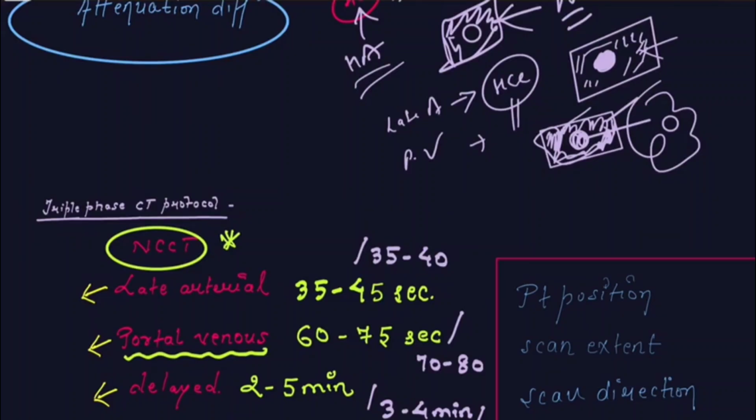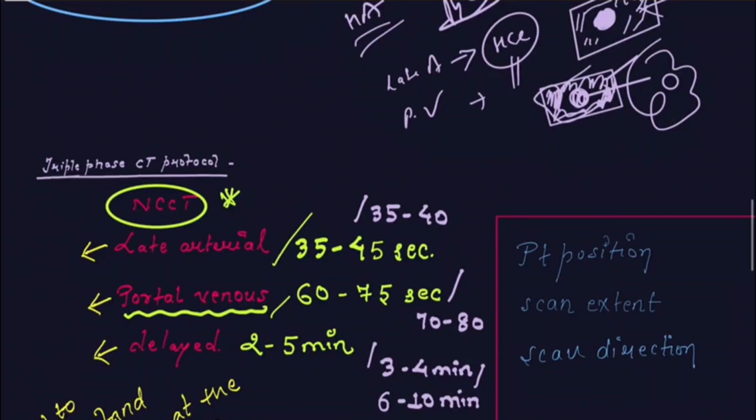The first phase of triple phase CT protocol is the late arterial phase, that is taken at 35 to 45-second post contrast injection delay. Portal venous phase is taken at 60 to 75-second post contrast injection delay, and delayed phase is taken at 2 to 5 minutes delay after injecting the contrast.